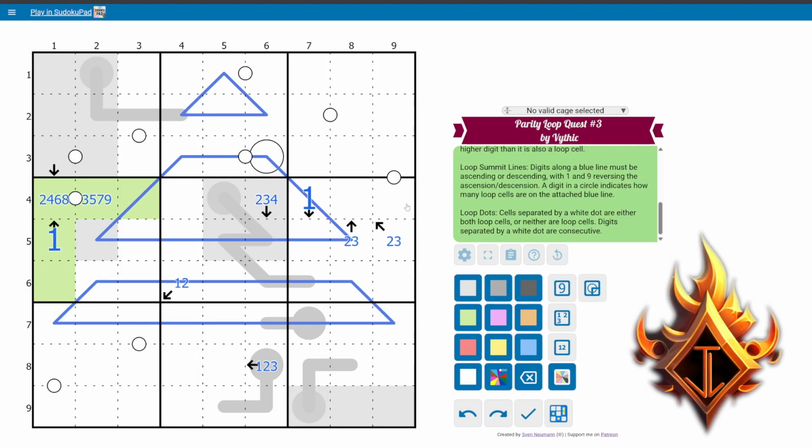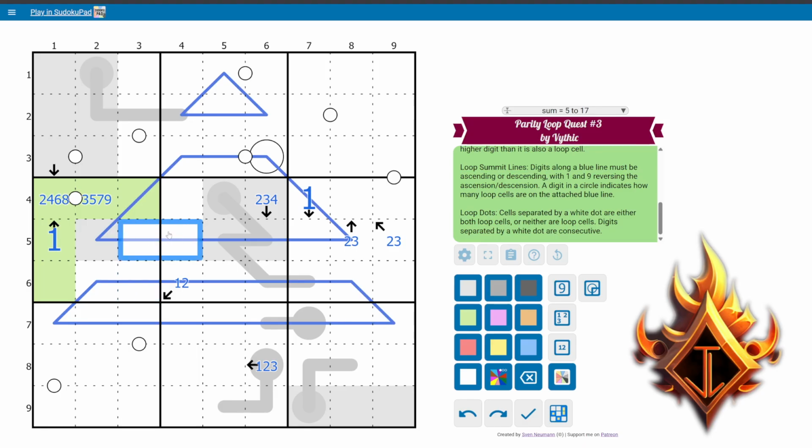So this side of it has to go up this way somewhere. As in, it's not going down.